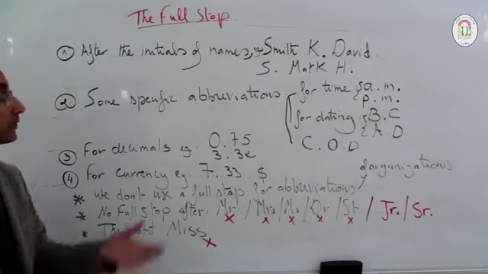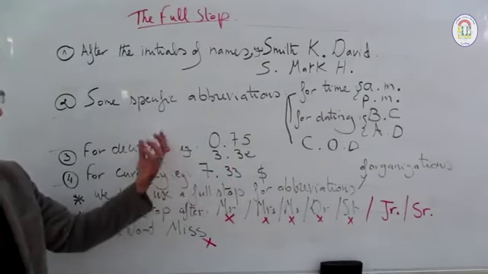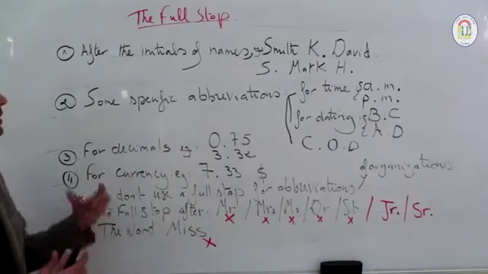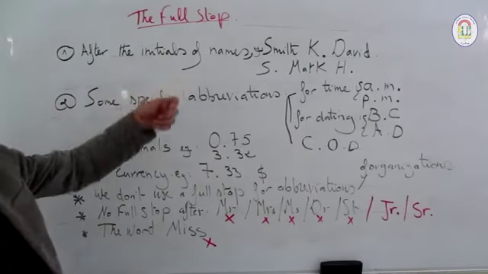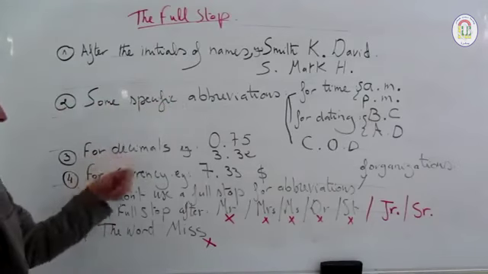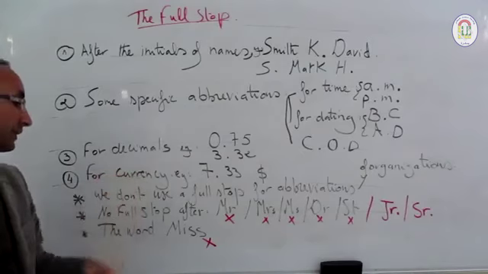Now, as you see here, we have tried to highlight the different uses of the full stop within an English sentence. We have three main cases: after initials of names, after some abbreviations, and also after decimals, and to separate units of currency.